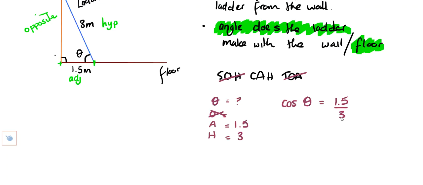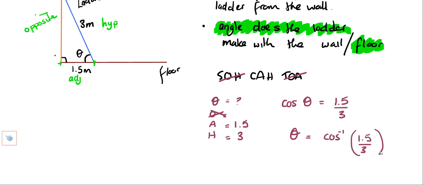Okay, so I'm not dividing by cos or anything like that, but to know the angle, I do have to do the inverse to get the angle back from that number. So to work out theta, I am actually going to do the inverse cos on this number that's 1.5 over 3.